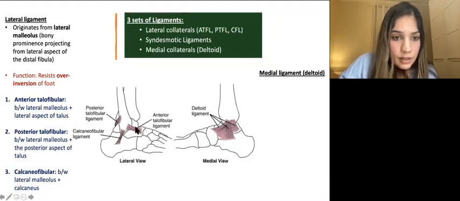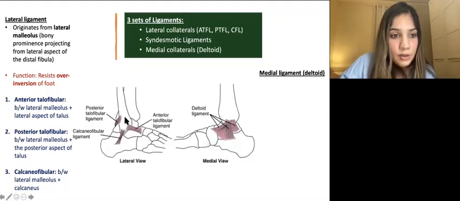The anterior talofibular ligament here is located between the lateral malleolus and the lateral aspect of the talus. So this is the talar bone.